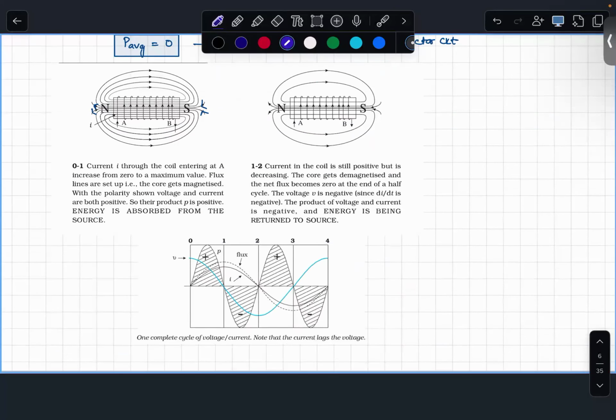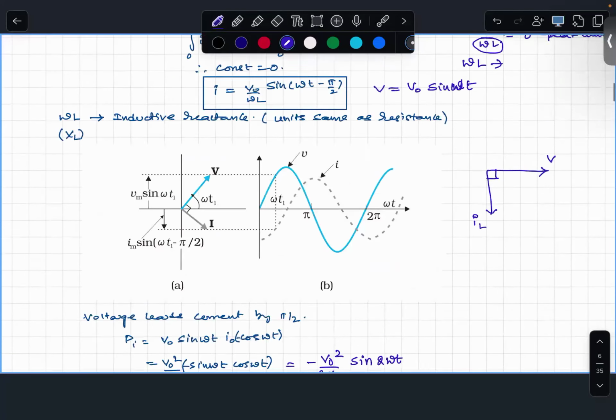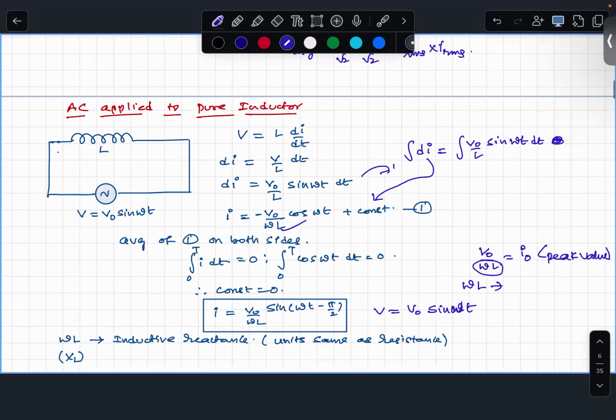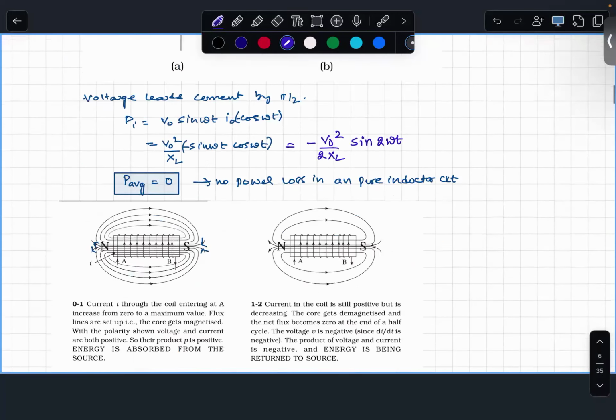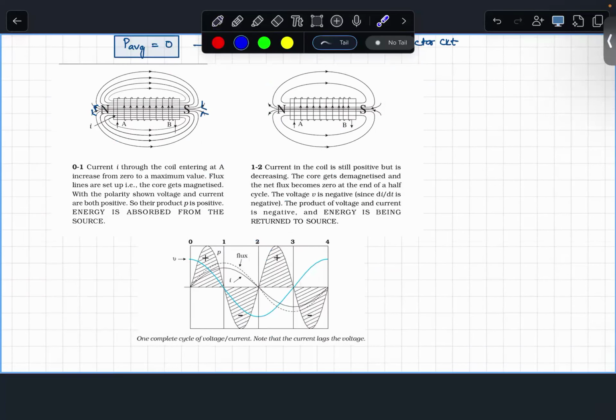Can you please confirm? When the current I through the coil is entering at A, I am assuming this point as A, this point as B for a while. Now when the current is entering at A and leaving at B, I can see that the flux lines are like this.